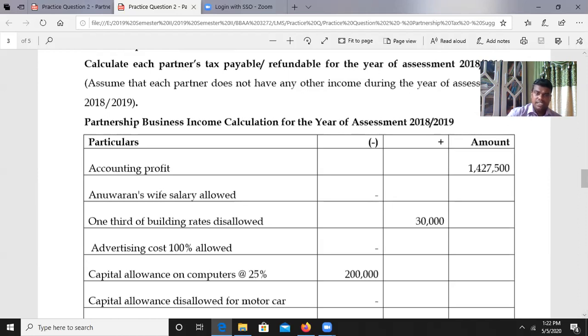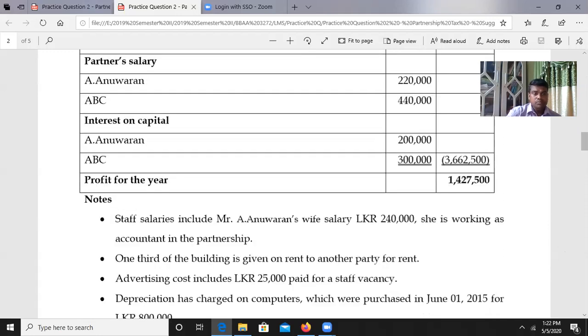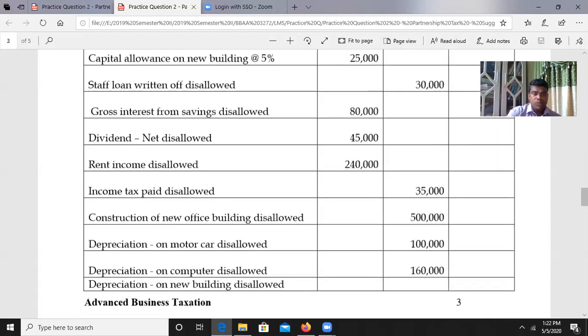Then you can see in the question, dividend. Dividend is also not related with the nature and the purpose of the business. So that should be removed from accounting profit. So I included it in the minus column, 45,000. Here you should understand you don't need to consider gross and net.